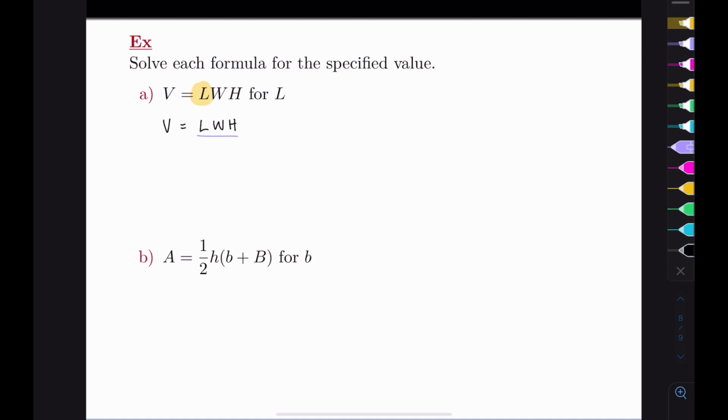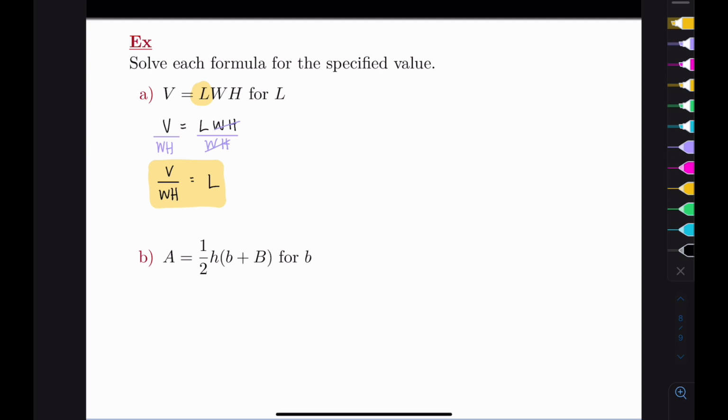So I want to divide by W and I want to divide by H to make them both cancel. But what I do to one side, I've got to do to the other. So L is really equal to V over WH. So we have solved this equation for the specified variable.